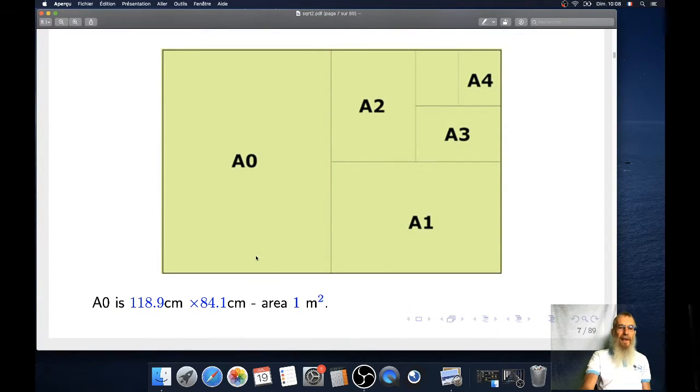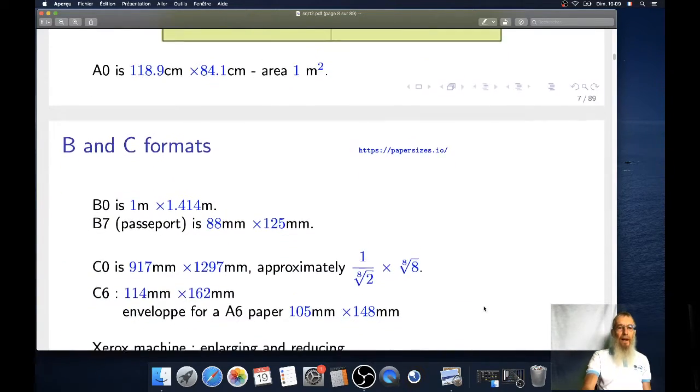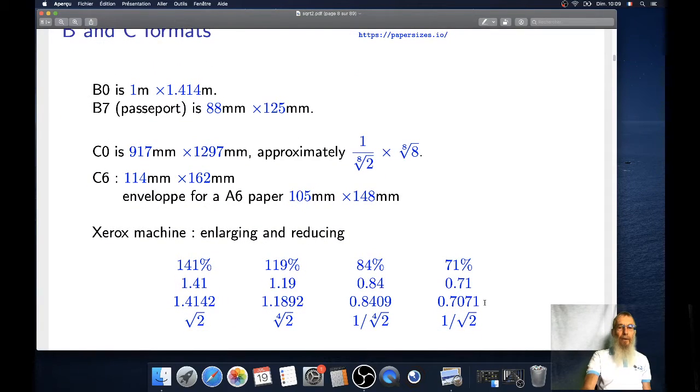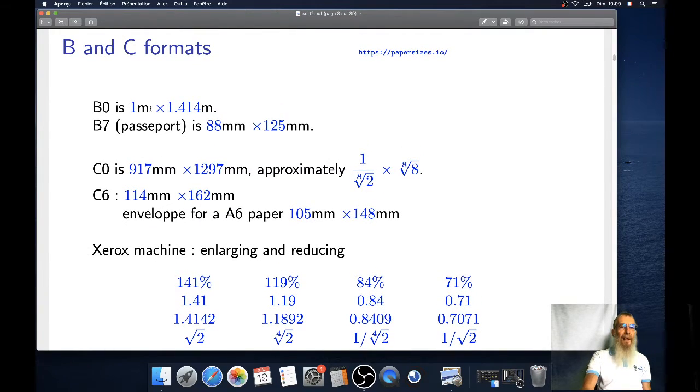And the definition of A0 is that, first of all, the ratio is an approximation of square root of 2, and the area is 1 square meter, which means that the long side will be 118.9 centimeters, and the small one will be 84.1. The B and C formats, as I told you, also have the proportion square root of 2, but the definition of B0 is that the small side is 1 meter, and so the long side is essentially square root of 2.